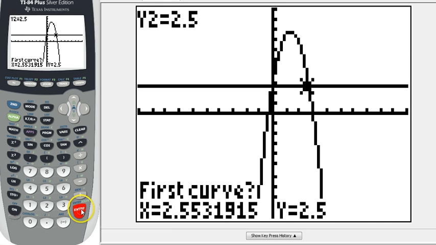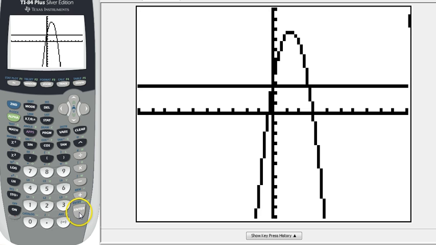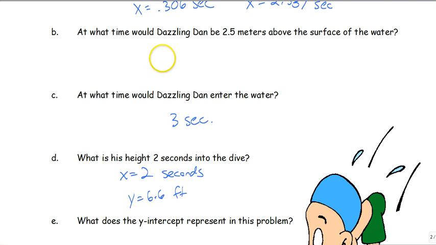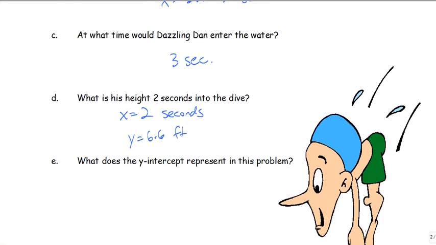And we hit enter a couple times. And we get 2.709 seconds. 2.709 seconds for this one. Okay, again, round to 3 decimals if possible.